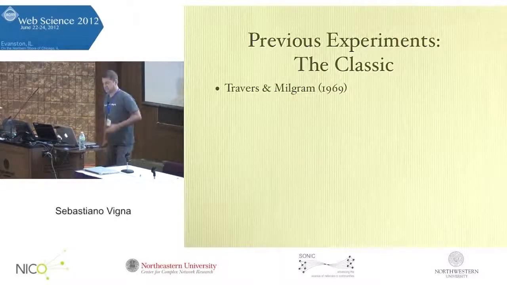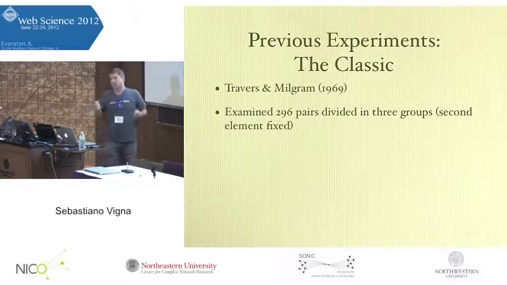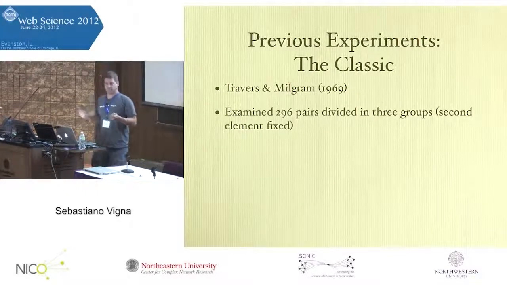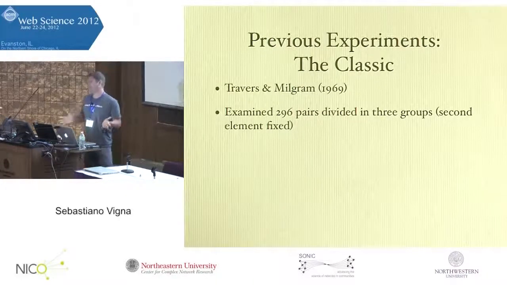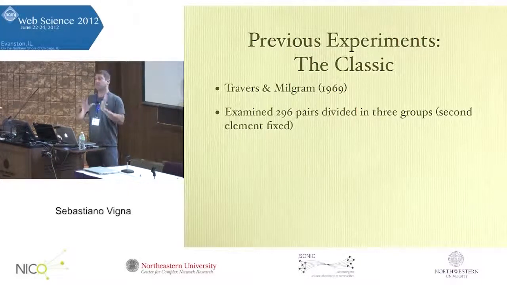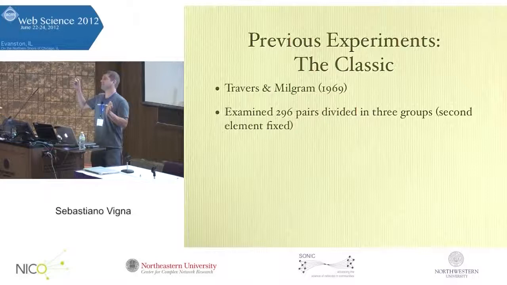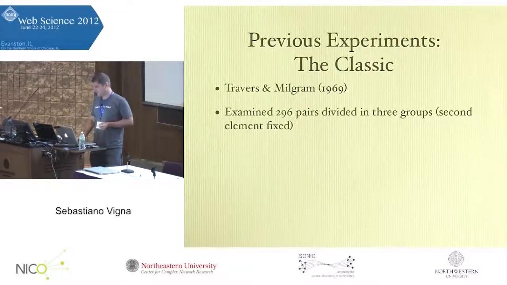So the paper is Travers and Milgram '69, and the idea is that they examined 296 pairs of people, divided in 3 groups, and of these pairs, the second element was fixed. So there are 296 people, and a single person that must receive some postcards.